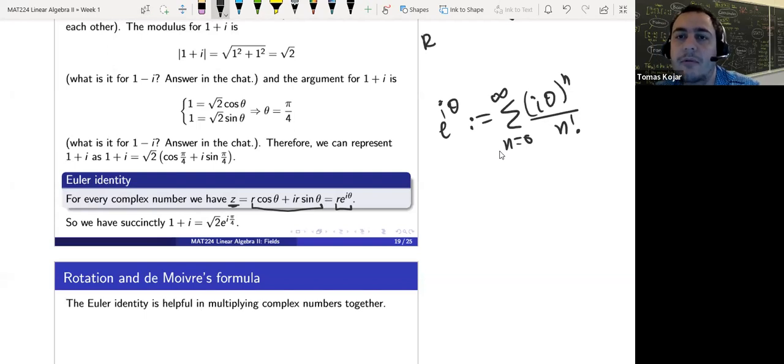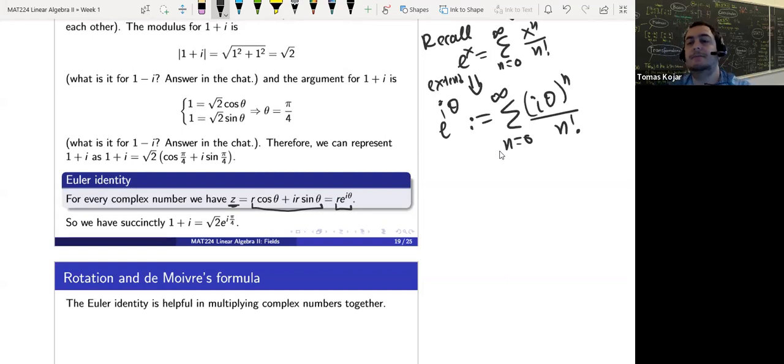So recall for real numbers, e to the x was defined exactly as this power series. So we extend this definition to complex. That's usually how you do complex analysis. You start with the real definitions and you plug in i into the power series definitions, okay?